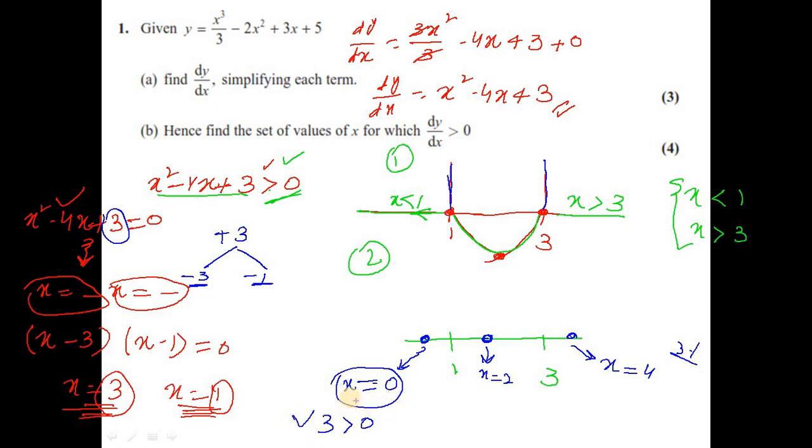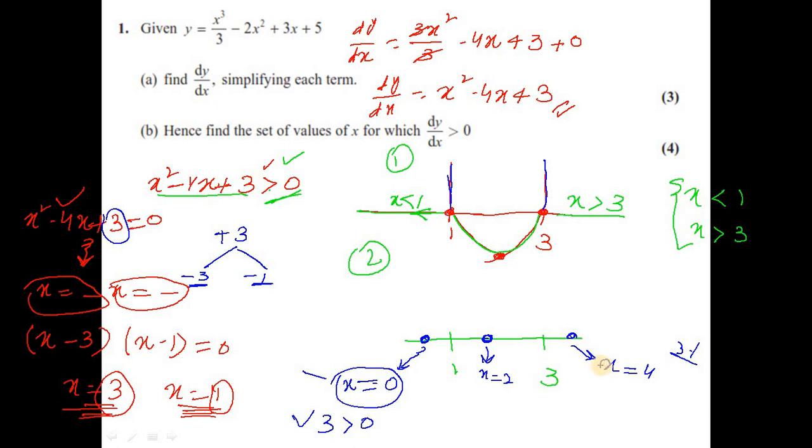That means with x equal to 0, all the numbers less than 1 will have a true inequality. So this is the first proof. Now we can do the same for the other number.